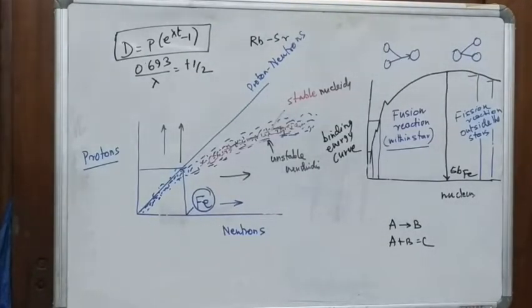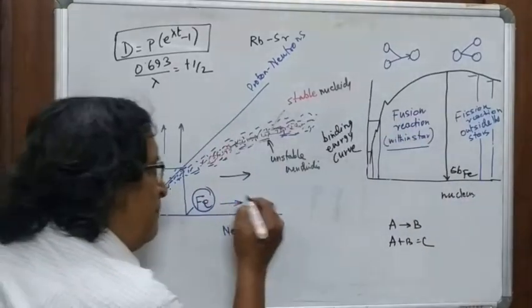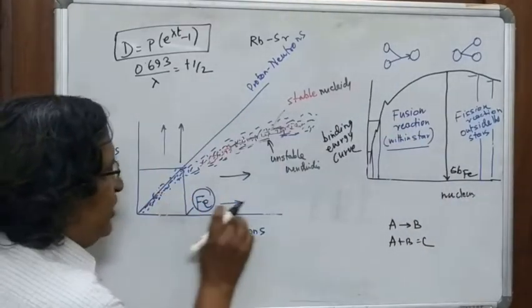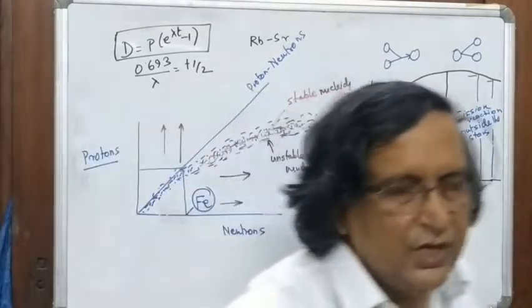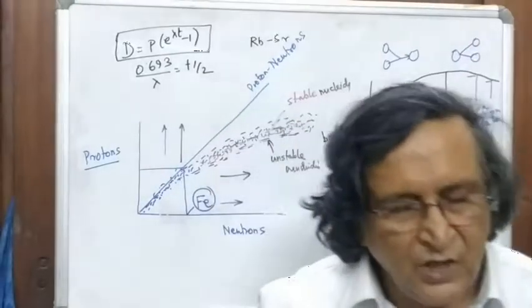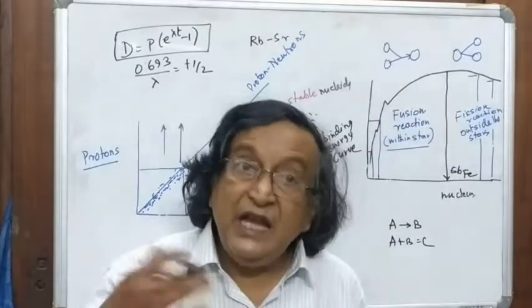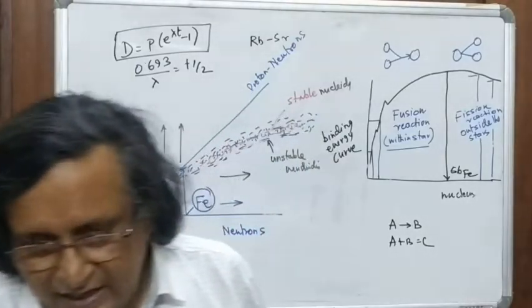Now, I must tell you at this point, when you bombard an existing radionuclide with neutrons, the neutron is electrically neutral, but protons are electrically charged positive ions.